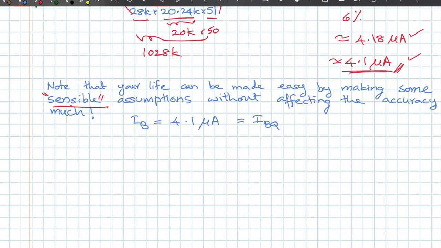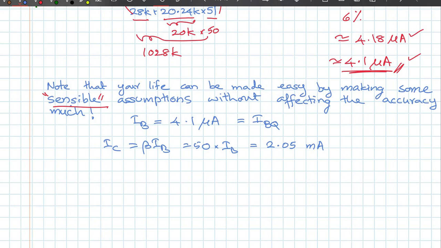IC is equal to beta times IB, which is equal to 50 times IB, which is roughly about 2.05 milliamperes. So you can say this is about 2 milliamperes even. That should be fine.